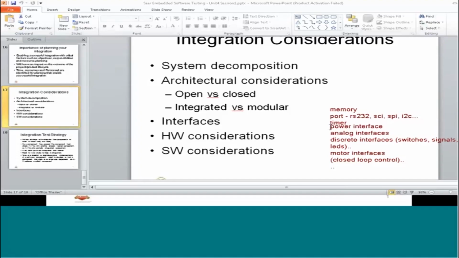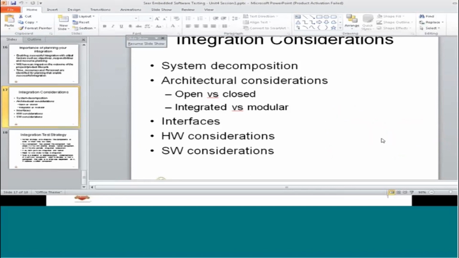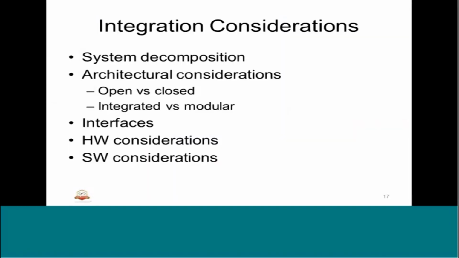Software interfaces, in terms of any algorithms, checksums, computations, will all involve multiple components. So definitely we need to consider the software aspects of the integration. That is very important.